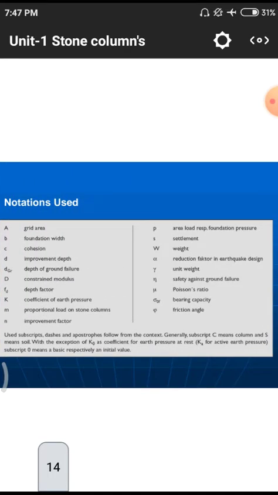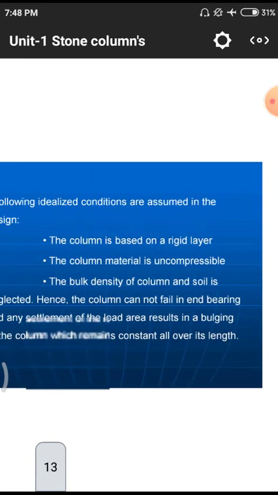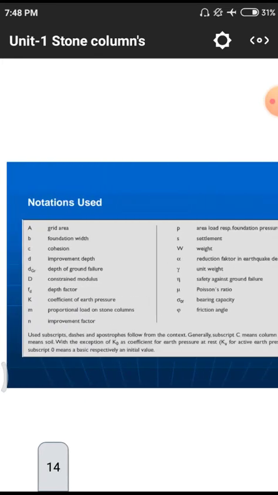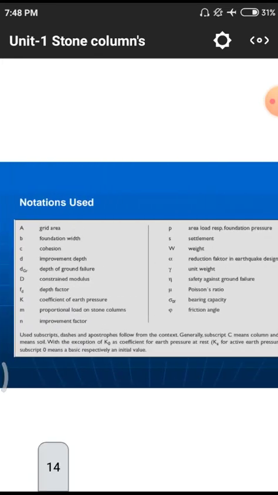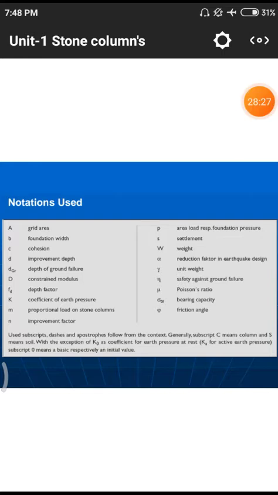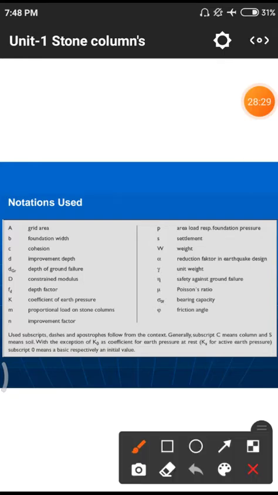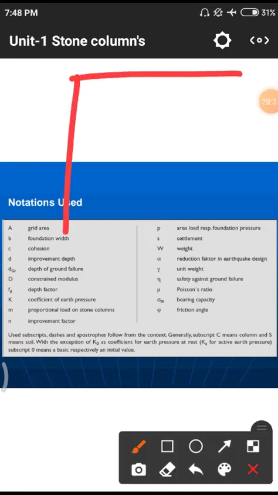What are the notations we have to use while designing these stone columns using Terzaghi equations and others? First one, A is the grid area. What grid are we using? Normally this is a square grid.